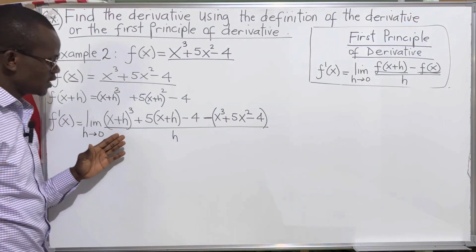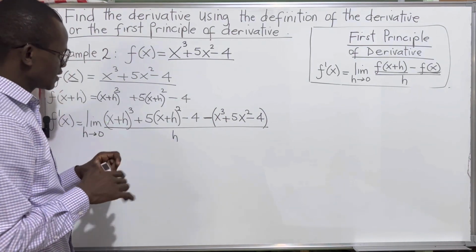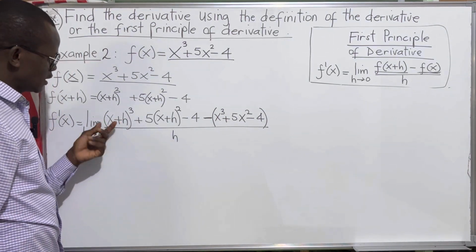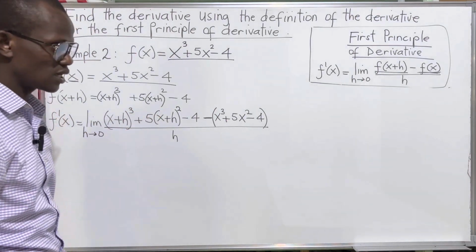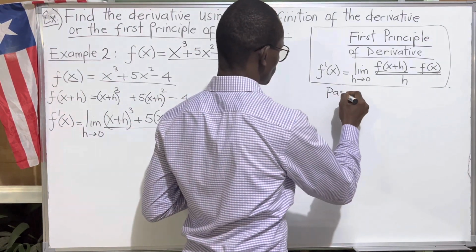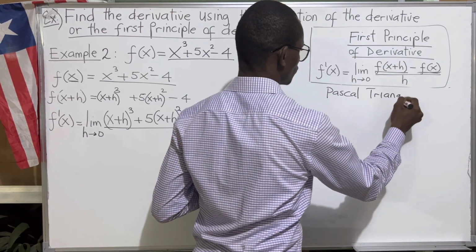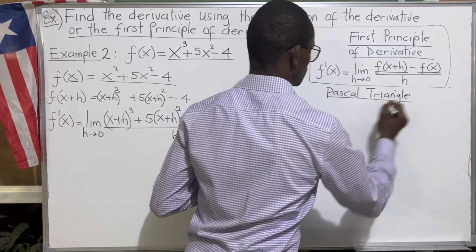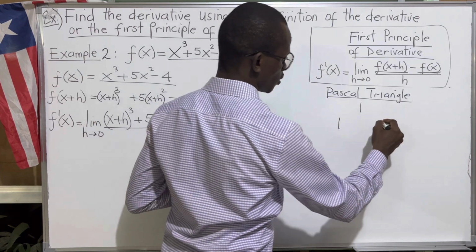So our task here now is to expand x plus h raised to the third and x plus h raised to the second. So we're going to use the Pascal triangle. In the Pascal triangle, you have 1, 1, 1.